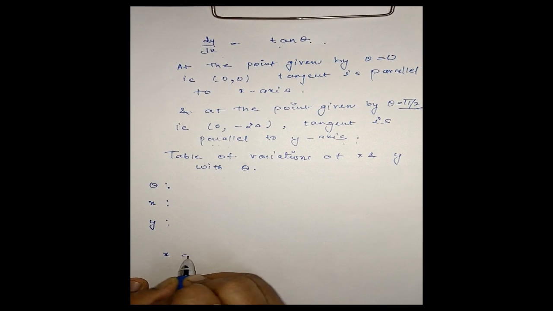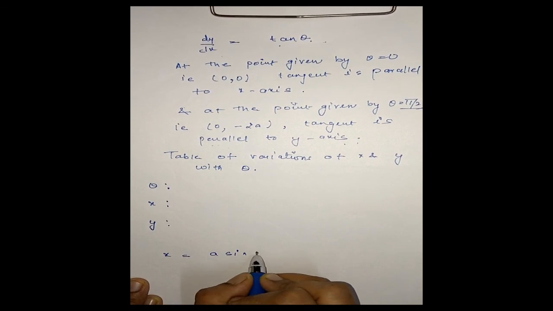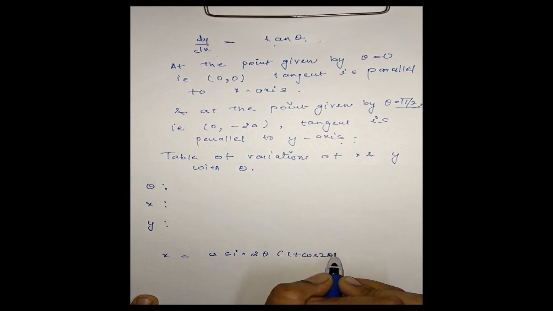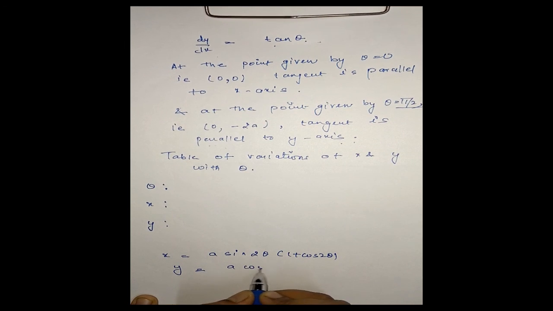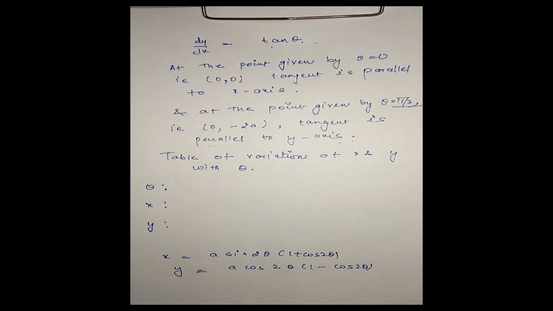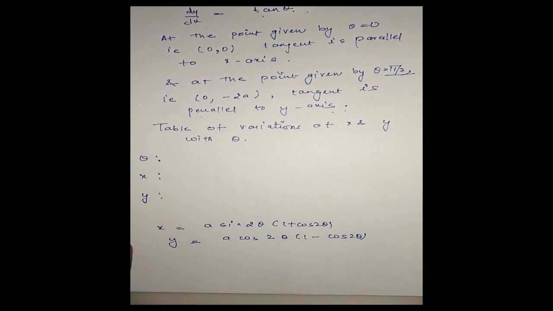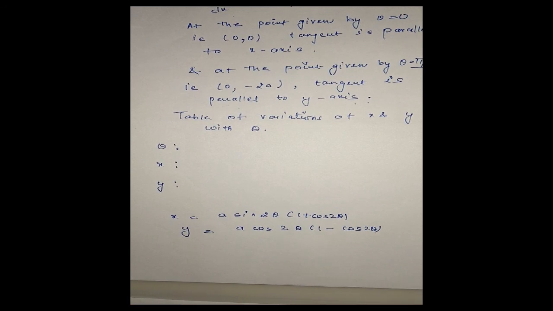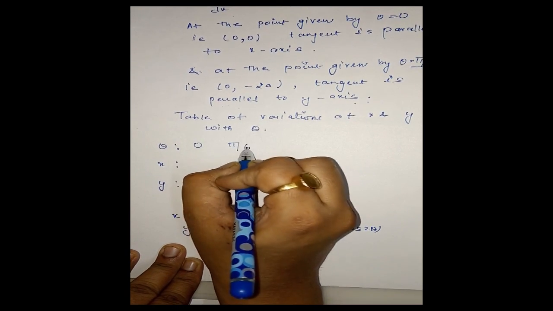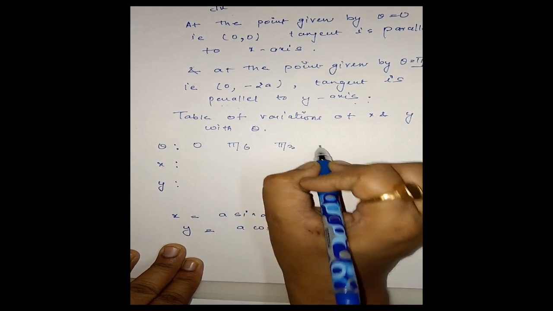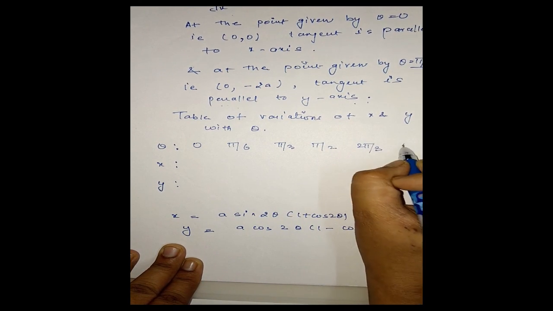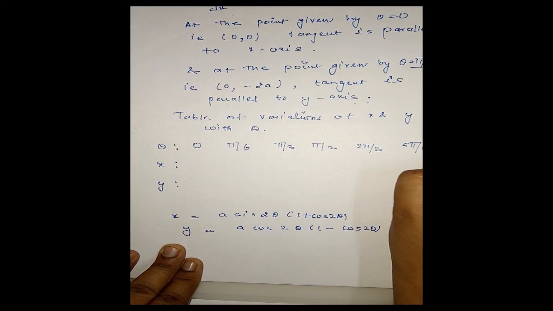My x is a sin 2 theta (1 plus cos 2 theta), and y is a cos 2 theta (1 minus cos 2 theta). Now let us give values to theta: 0, pi by 6, pi by 3, pi by 2, 2 pi by 3, 5 pi by 6, and pi.